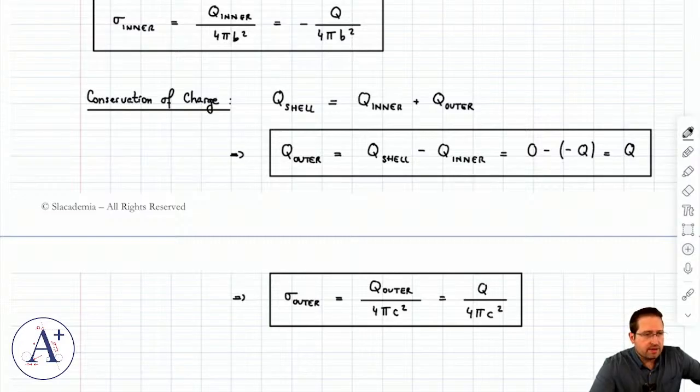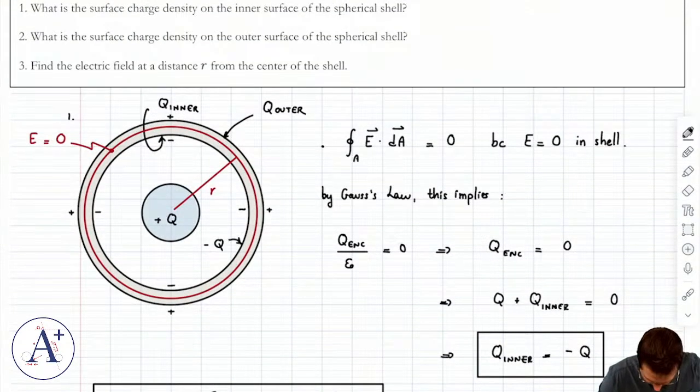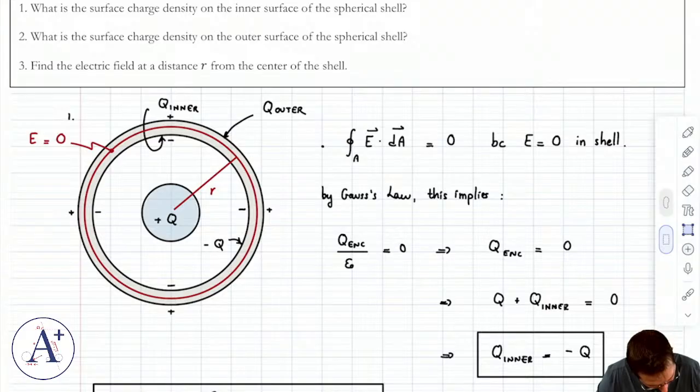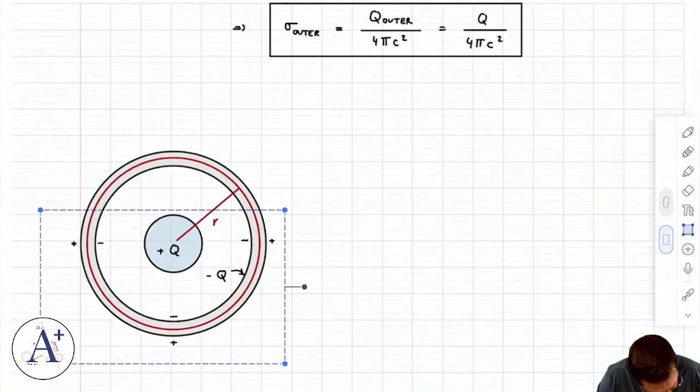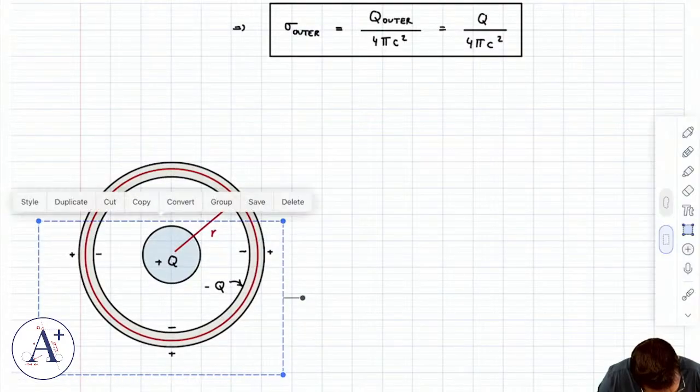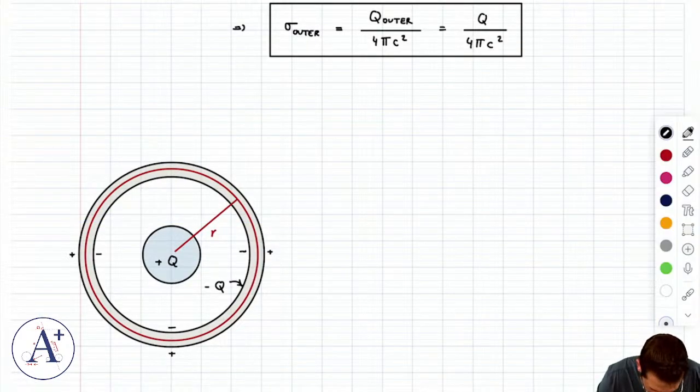All right, and then the last question is find the electric field at a distance r from the center of the shell. In other words, find the electric field everywhere, which means that we're going to take our little arrangement here and apply Gauss's law, but in each region. We're going to have to take it one region at a time.